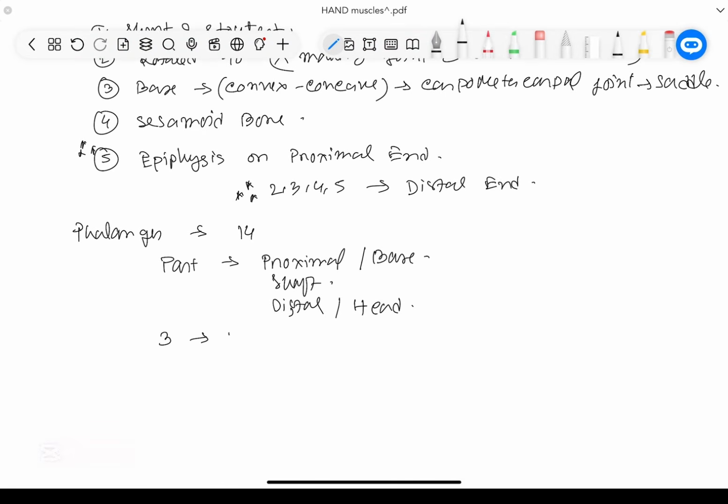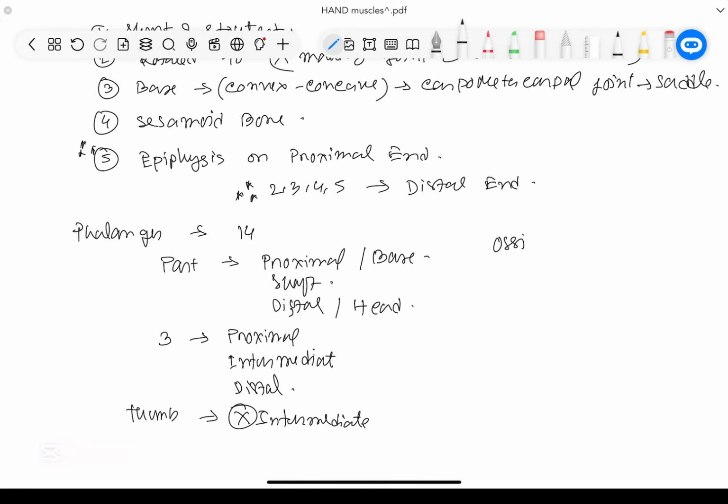Each finger contains 3: proximal phalanx, intermediate phalanx, then distal phalanx. In the thumb there is no intermediate, or medial, phalanx. So in the thumb there are only two, proximal and distal.